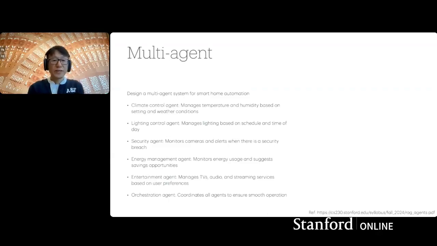All right, so multi-agent is an interesting way to accomplish your complex task. You could split up your task and then assign those tasks to different agents that are dedicated to specific tasks.